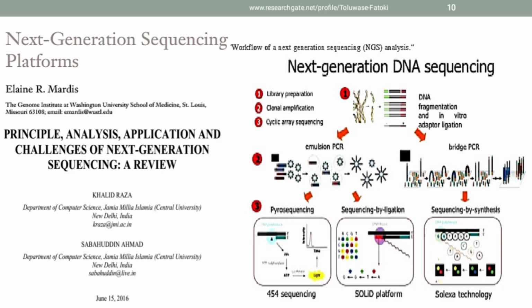Then number 3 involves cyclic array sequencing. And we have about 3 types of cyclic array sequencing that are presently being used. Number 1 is pyrosequencing. Number 2 is sequencing by ligation. Then number 3 is sequencing by synthesis.